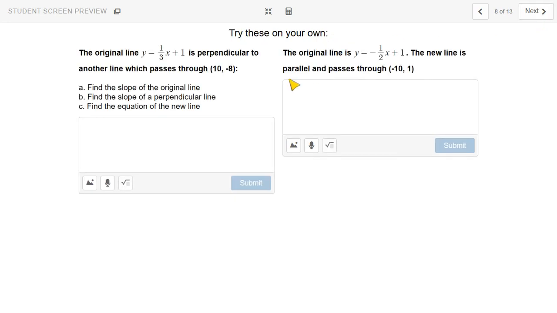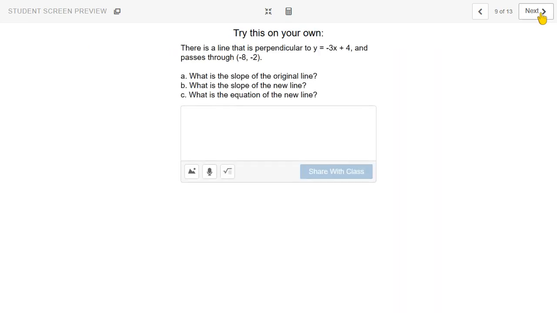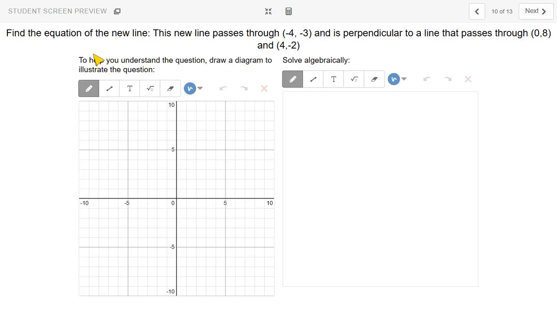Pause the video and try solving these two questions on your own. This one as well. Find the equation of the new line. This new line passes through (-4, -3) and is perpendicular to a line that passes through (0, 8) and (4, -2).